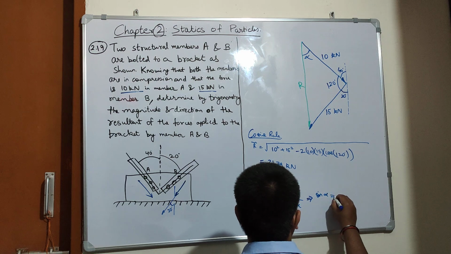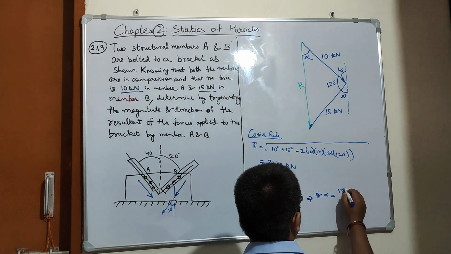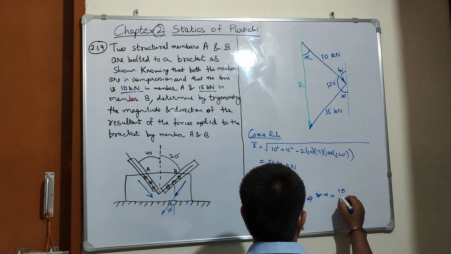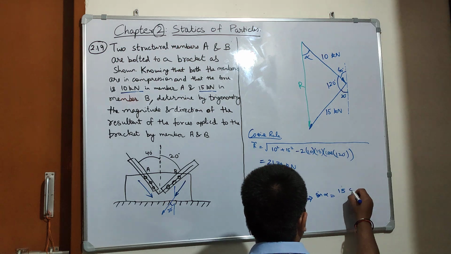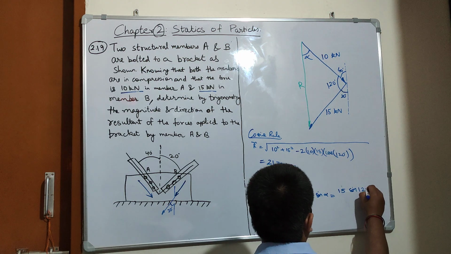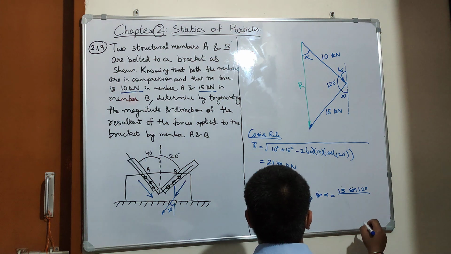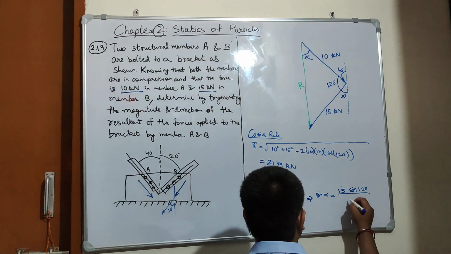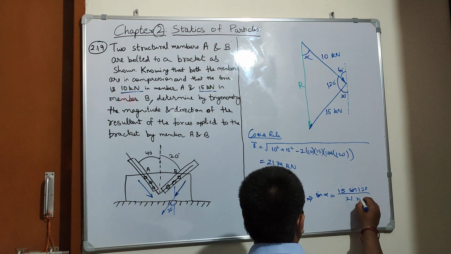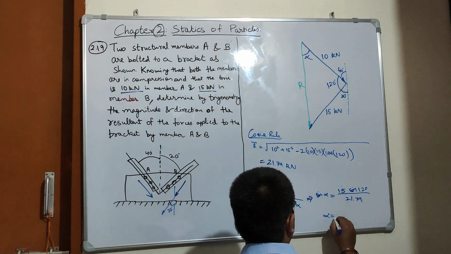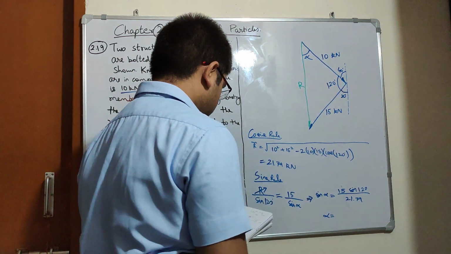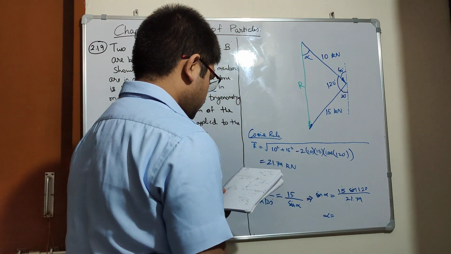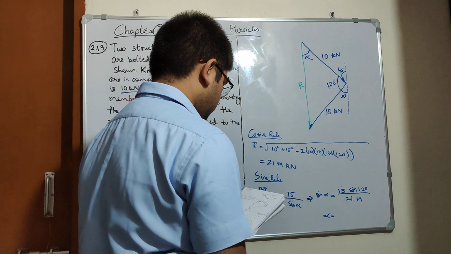Sine alpha equals 15 sine 120 degree by 21.79. Alpha will come out as 36.6 degree.